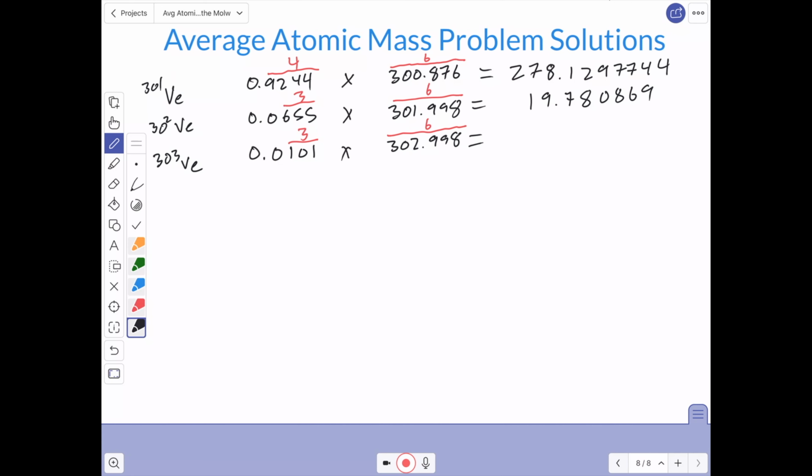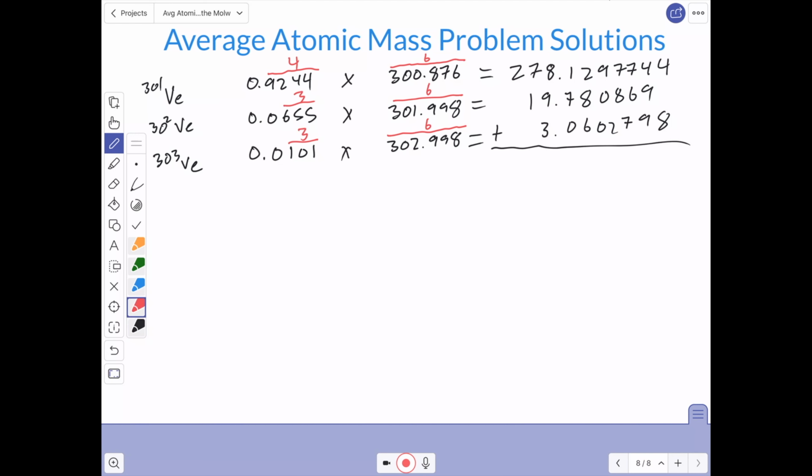And lastly, 0.0101 times 302.998. That gives me 3.0602798.